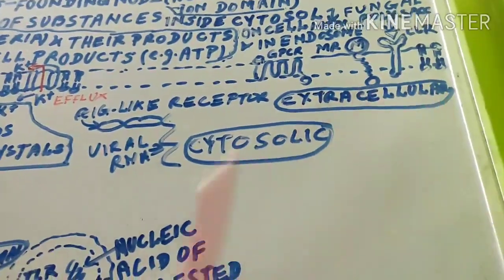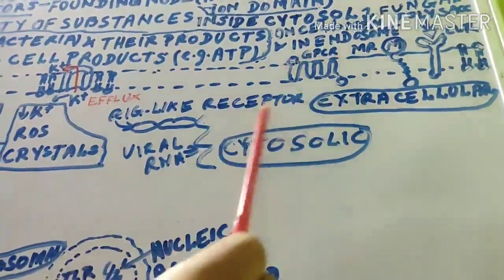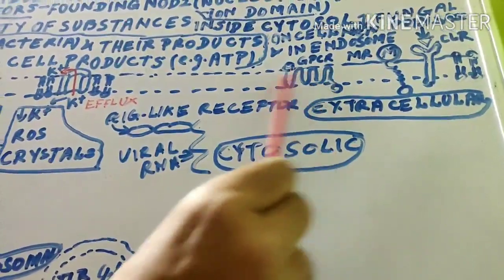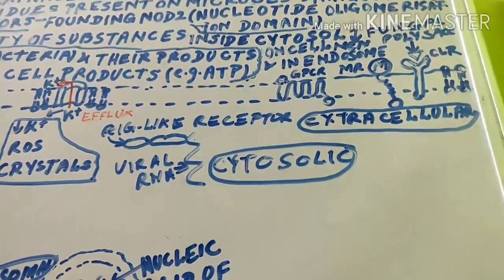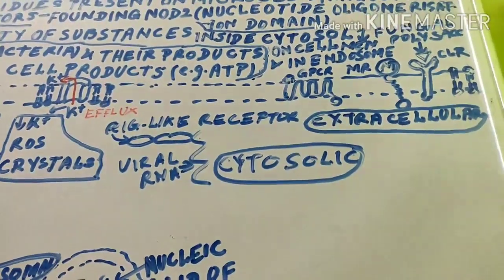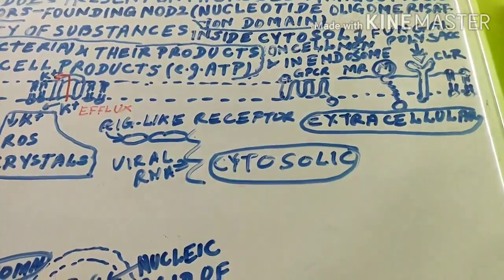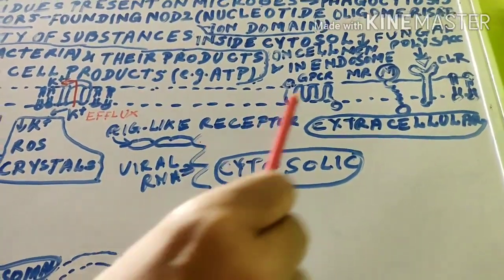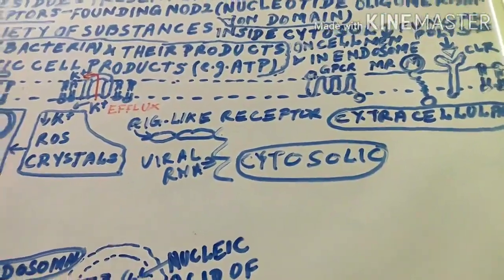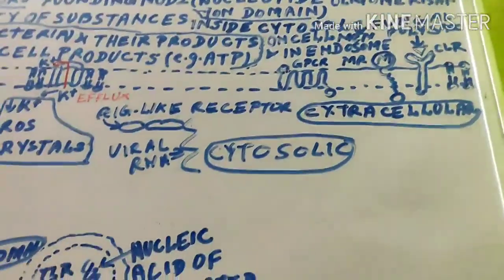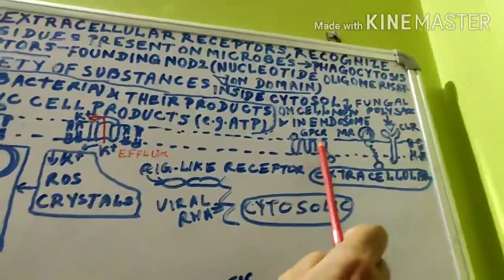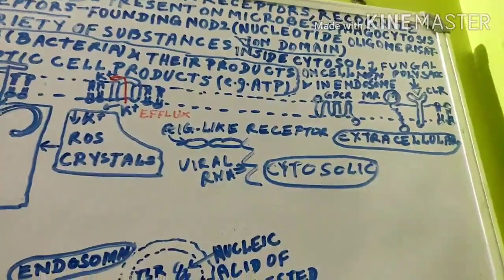Other extracellular receptors are GPCRs, with seven transmembrane domains, the G protein coupled receptor. This is the G protein coupled receptor, and this is also an extracellular receptor.